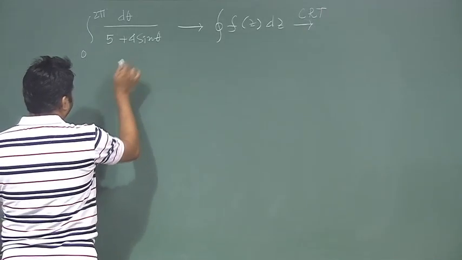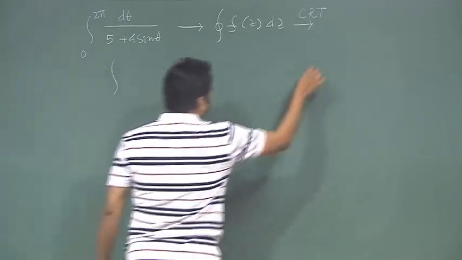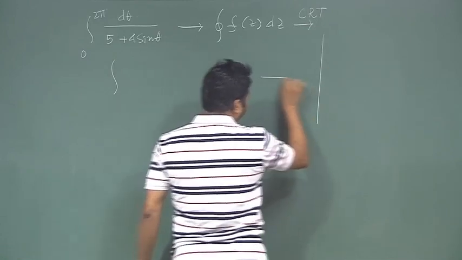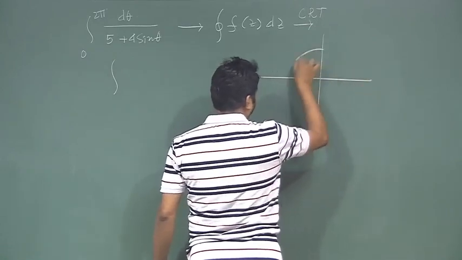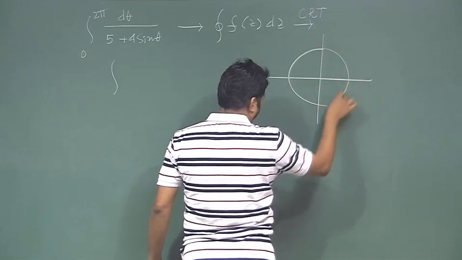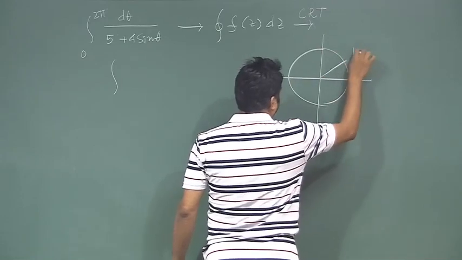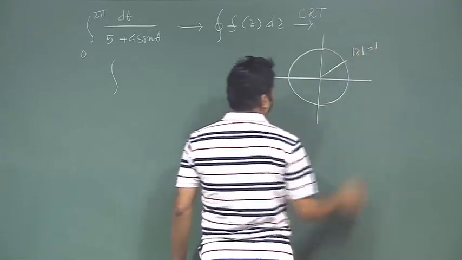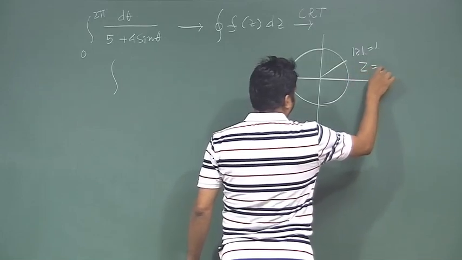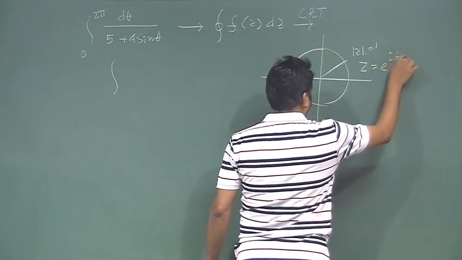So, I will change that. My region invariably I can take as this region. So, I want to calculate this integration with unit radius, with z equal to e to the power of i theta.